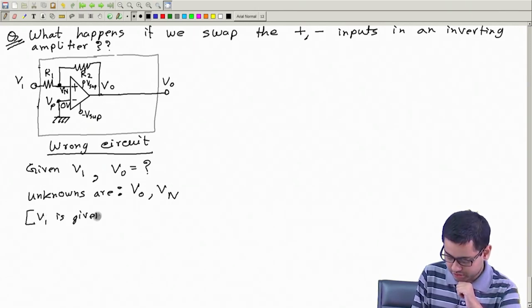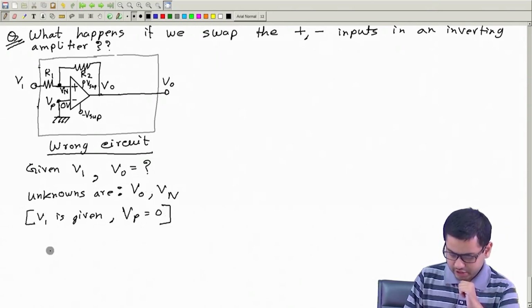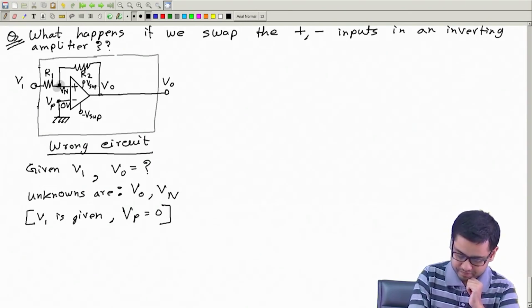So these are knowns. We have two unknowns. To solve for these two unknowns, we need two relationships. One of course will come from this part of the circuit, the series combination of R1 and R2.